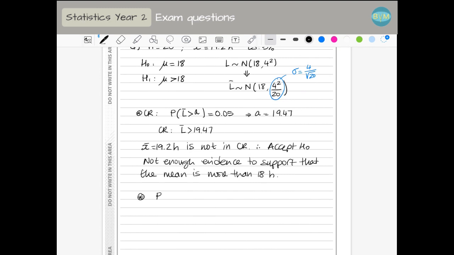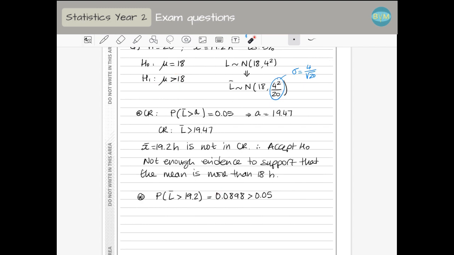The other way is checking whether the probability of L greater than the observed value is smaller than the significance level. So we find this value with the calculator. Again, be careful because this is your distribution. If you find this value, it is 0.0898, which is greater than the significance level, and if it's greater, there is not enough evidence to prove this one.